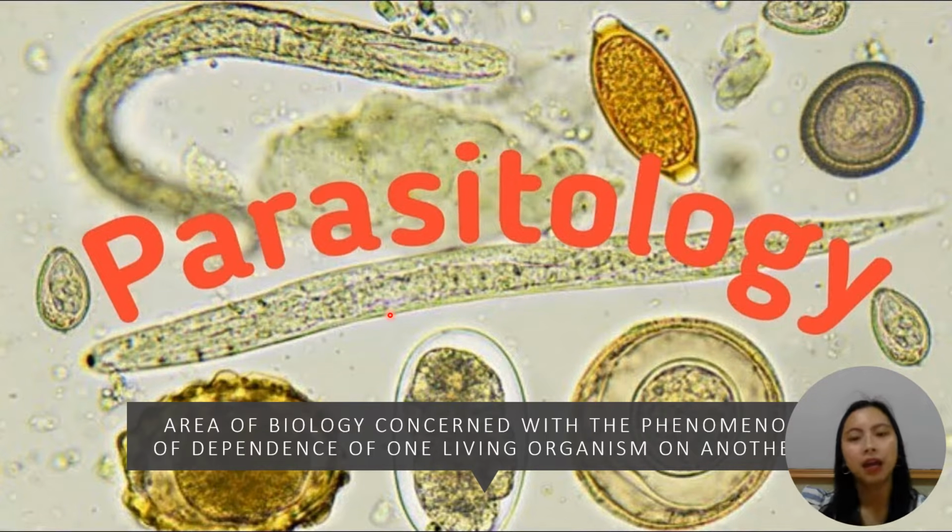But if you want to remember its definition by heart and so easily, you can simply look at the word parasitology. So you get the word parasite, and logy is a term that means study, so that's study of parasites, so parasitology.